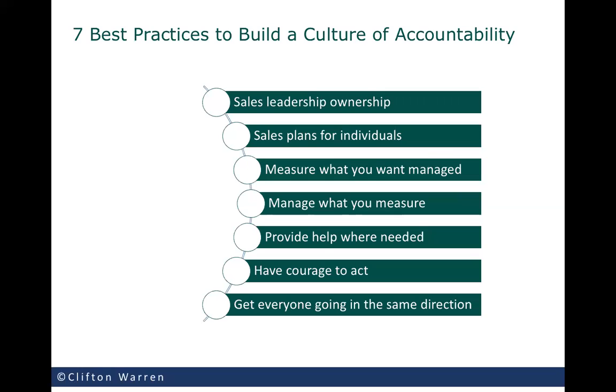The 6 areas: have the courage to act. This is a tough one for a lot of people. I've struggled with this in the past. You have someone that's not working out in the role. And you know what? You might have a company philosophy. You might have a belief we don't let anyone go, or we'll give them more time.